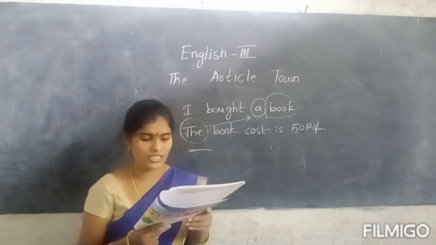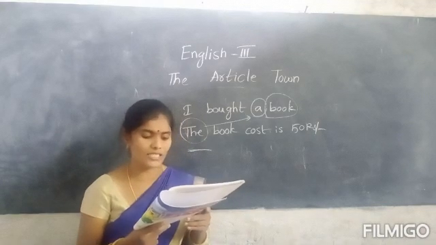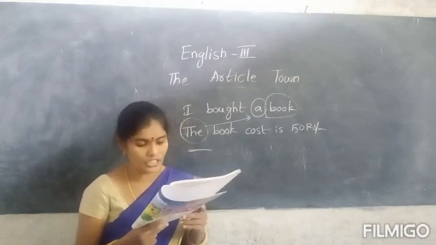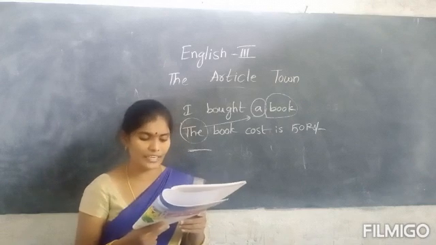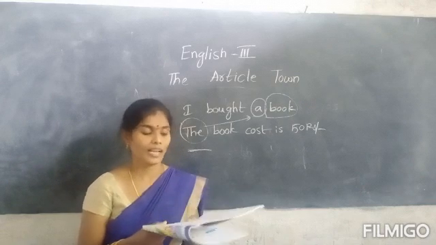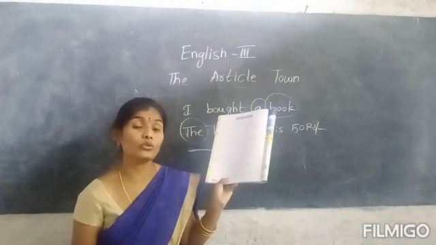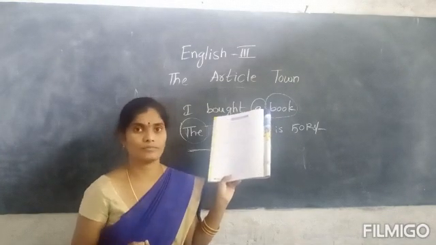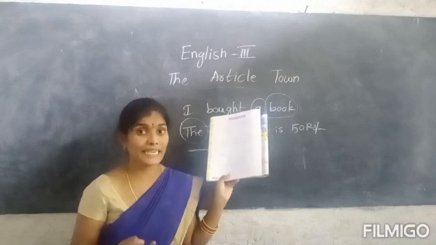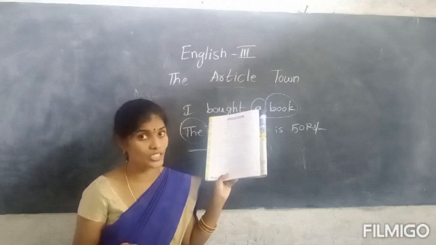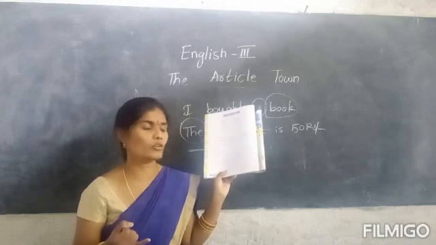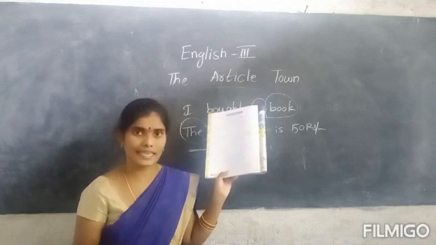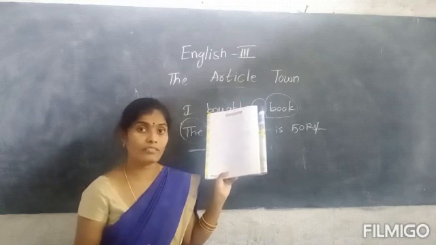Sports, subjects and languages, plurals, nouns and adjectives, uncountable nouns, pronouns don't need any article. Before the sports, cricket, volleyball, football, chess, cricketer, footballer.